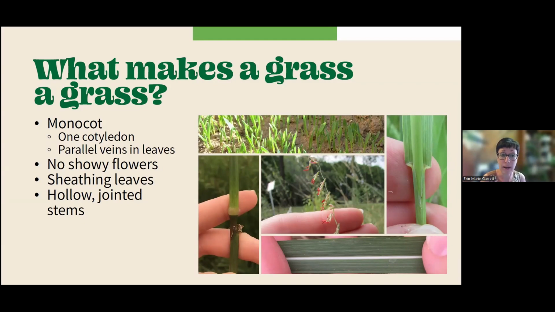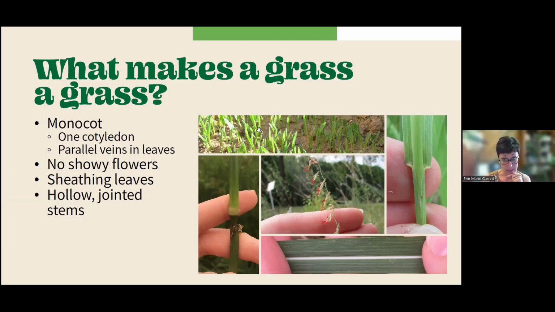Okay, we call them monocots for short. And they have a bunch of different characteristics, but 2 that are relevant for the grasses and easy to see is that when a monocot first starts to grow, when it starts to germinate, it has only 1 cotyledon, and that's a seed leaf. So it's the first initial leaf that starts to grow when a seed germinates.